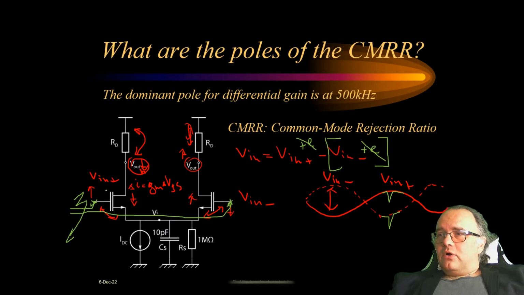For common mode signals, this differential pair, this circuit, operates differently. Imagine that this signal here goes down. Then for common mode signals, per definition, this also goes down. So now this node in between will also have to decrease by the same amount.